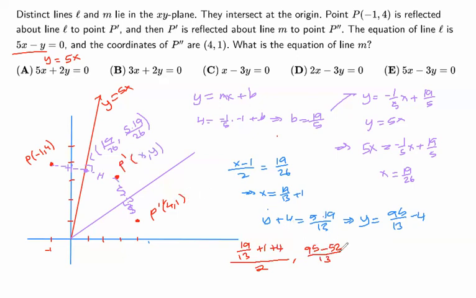The y coordinate of the p prime is 1, and we take the average of those two as well. And this guy will be our midpoint. So if you multiply 5 by 13 to get the common denominator, that's 65. 65 plus 19, so that's 84. So 84 over 13 over 2.